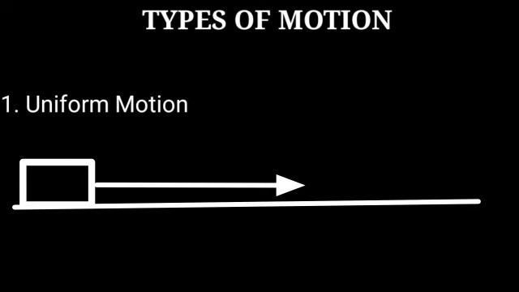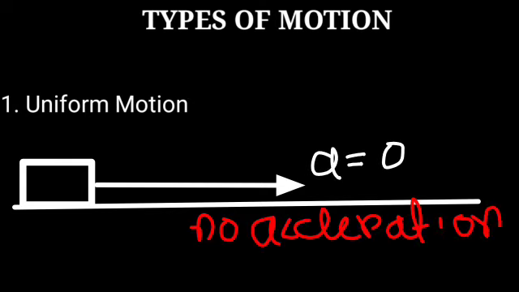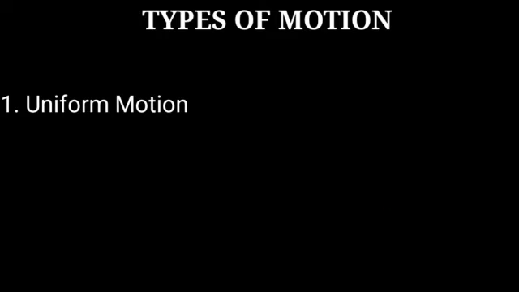You're not speeding up, you're not slowing down, and you're definitely not changing direction since we are only going in one dimension. This kind of motion where your velocity remains constant is called uniform motion. Since your velocity isn't changing, that also means your acceleration is zero in uniform motion. It's like cruising along at a steady pace.